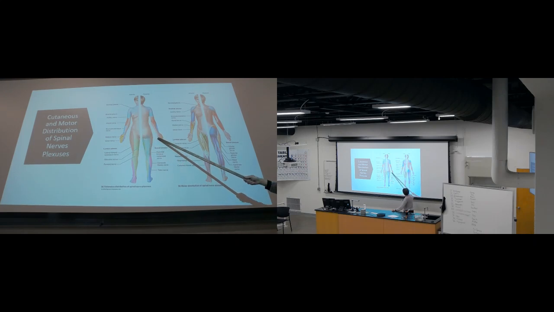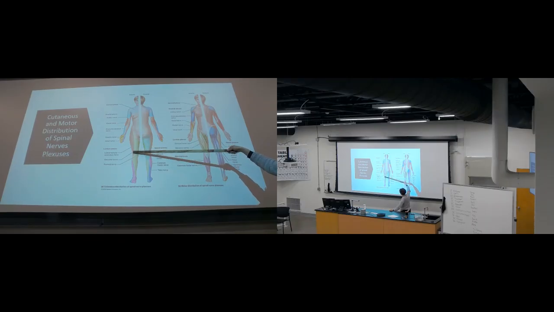And then the ulnar nerve complements what the radial nerve innervates posteriorly. And then here we have the innervation by the median nerve as well. Now, that was for the brachial plexus. For the lumbar plexus will be lateral femoral cutaneous nerve.